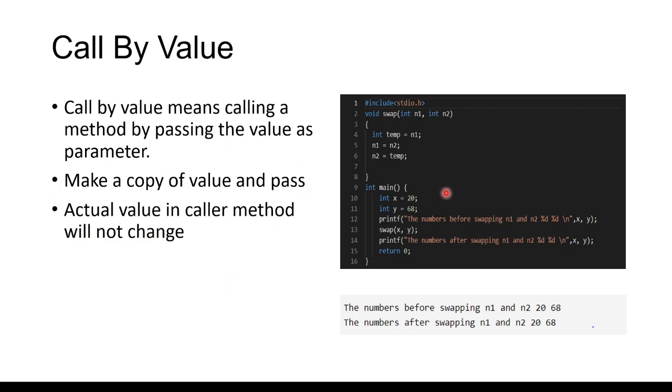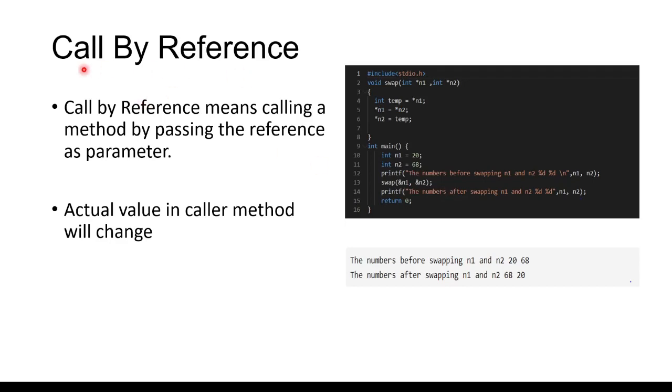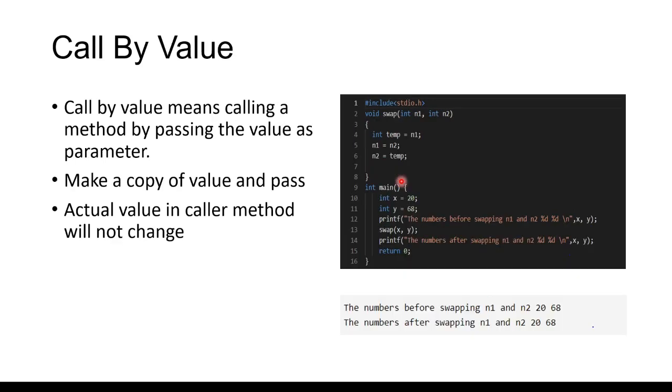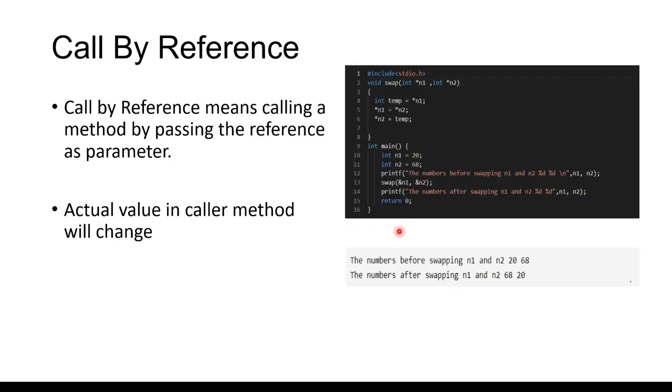And in the same way we have call by reference. So in the same example, if you see here, we have n1 n2, the same printing, we are swapping, again printing, and in the swap method we are swapping the values. Now the difference here is, in call by value you are passing x directly, and here in call by reference you are writing ampersand n1. This ampersand means the address of n1, okay.